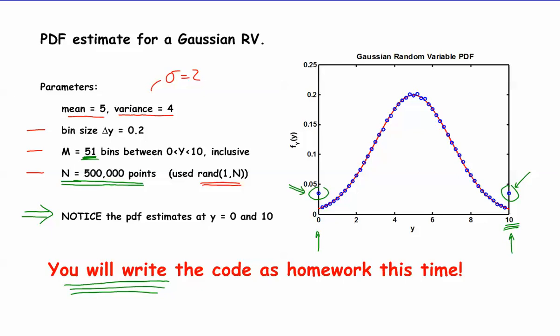If I had extended my bins down 1 point further, I would have had a point there, and maybe a point up here, and a point here, and maybe a point up there. If I plot over the range 0 to 10, I wouldn't have had these funky outlying looking PDF estimate values.